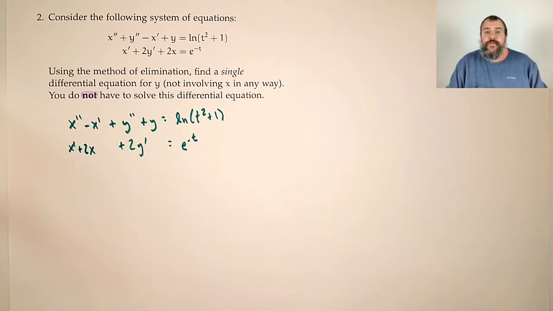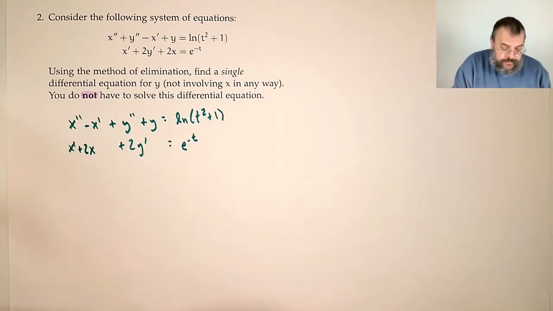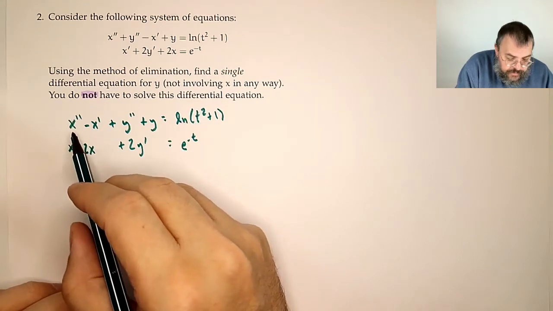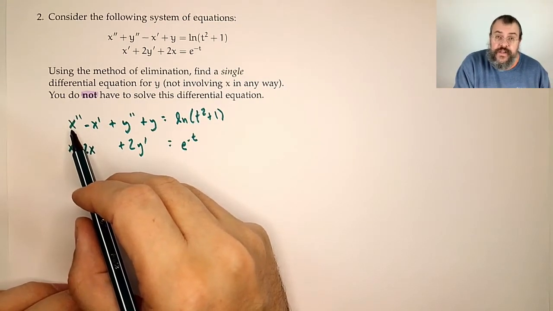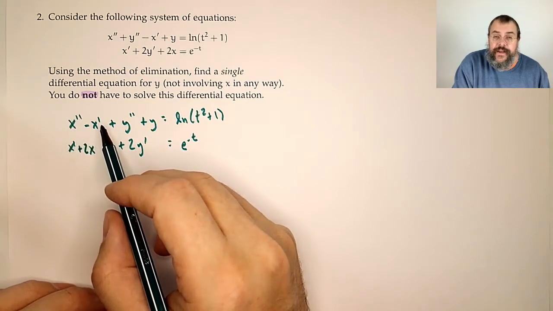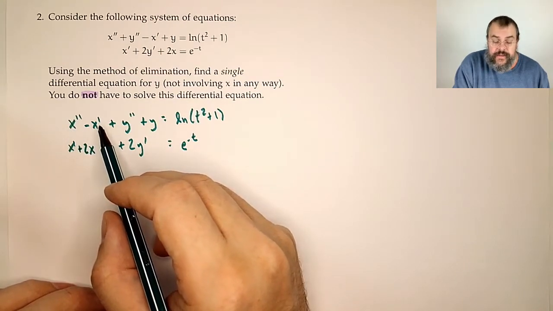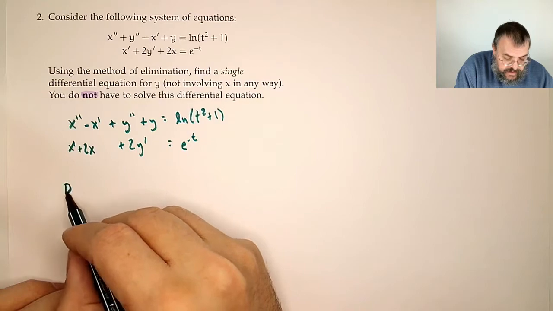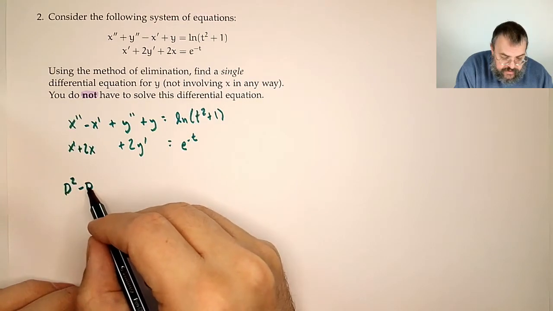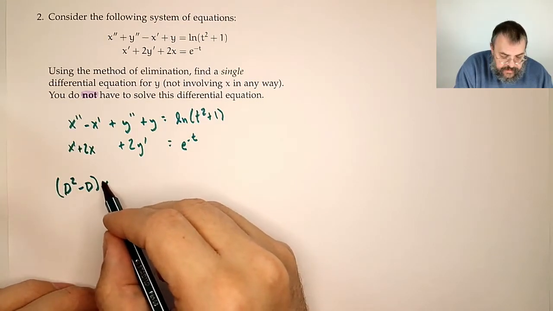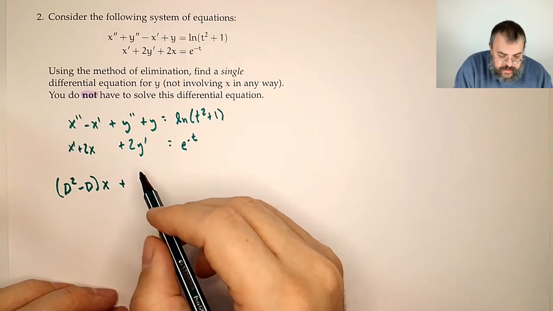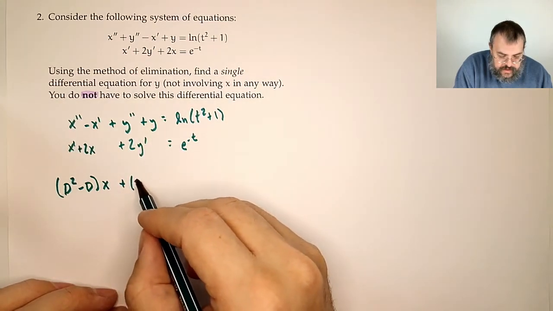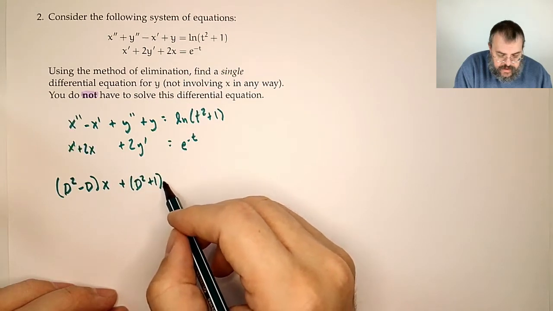Okay, and now we're going to switch to using our D notation. Remember, capital D is a placeholder for saying, hey, we're taking a derivative here. So x double prime would be D squared x. x prime would be Dx. And in particular, we can write this as (D squared minus D) times x, plus y double prime plus y, (D squared plus 1) times y.